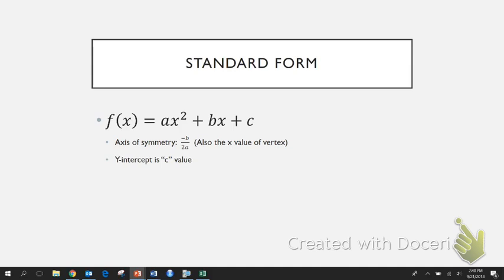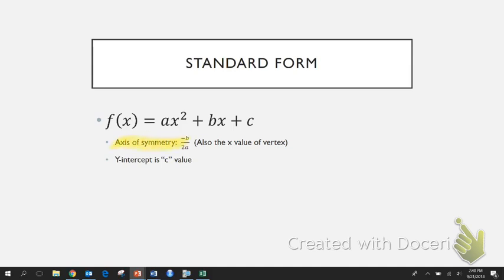All right, last one is standard form. Standard form essentially tells us nothing. We're going to spend most of our time converting out of standard form. So if I ever give you standard form, most of the time we're either going to factor it or do something called completing the square to turn it into vertex form. Because standard form tells us nothing. To find the axis of symmetry, it's this crazy equation.